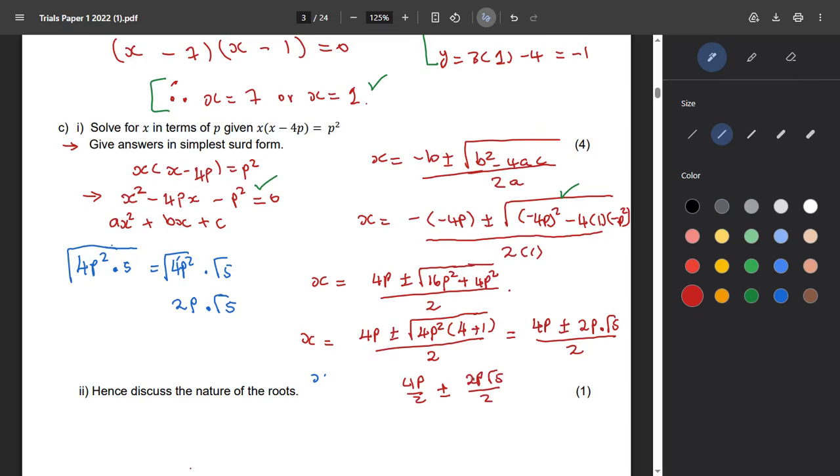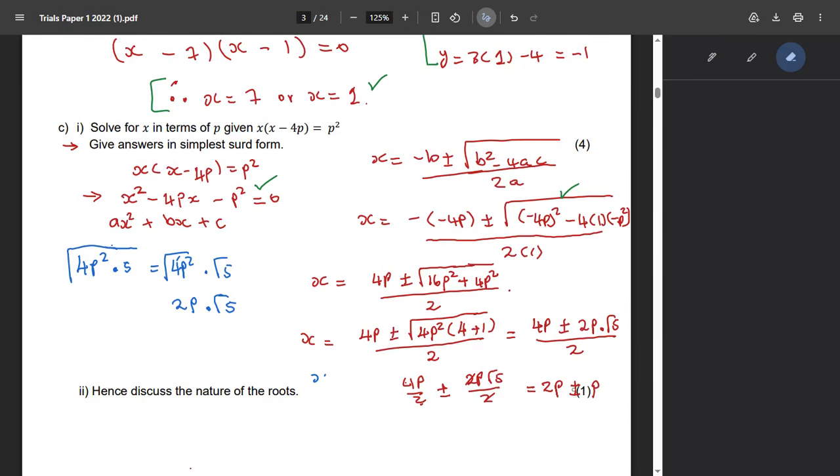Then the 2 will cancel on this side, and 2 goes into 4 two times. This will be 2p plus or minus p root 5, or should we say root 5p?